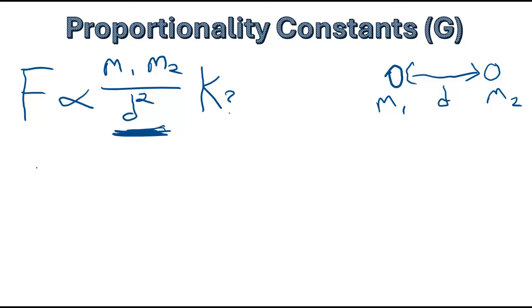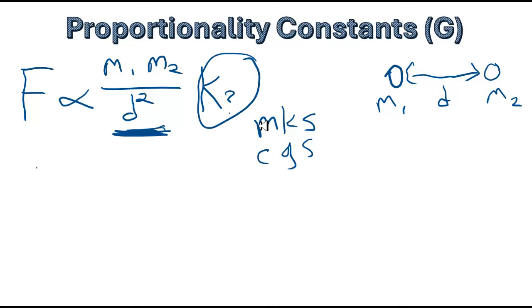Currently we use the MKS system, which is the standard SI standard, but if we used the CGS system, the numerical value of the constant would be different. The proportionality, of course, will be the same.